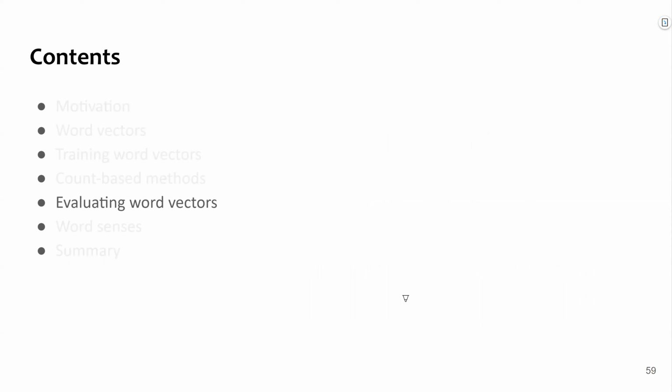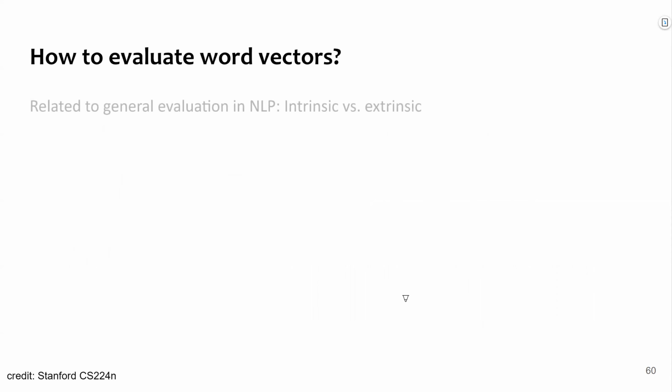Okay, up to this point, we have discussed how we learn word vectors through two approaches. The first one was count-based, and the second one was direct prediction. And after learning those word vectors, how can you evaluate whether they are good word vectors or bad ones? Related to general evaluation in NLP, there is intrinsic versus extrinsic.